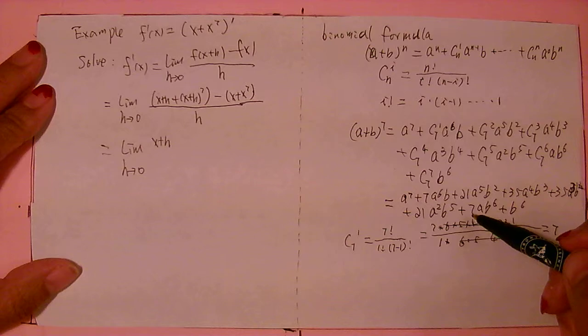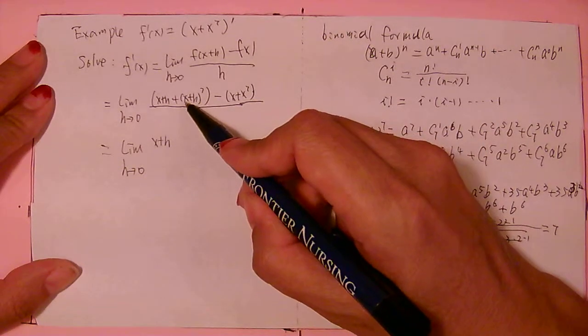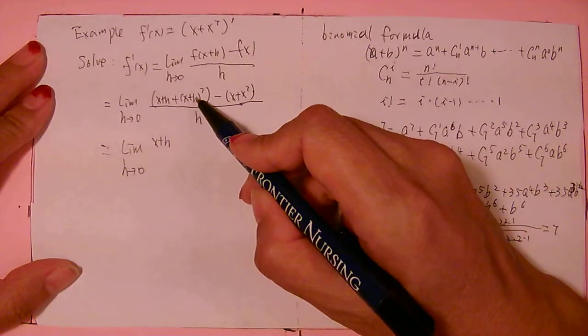So we're going to use this formula, substituting x equals a, h equals b.